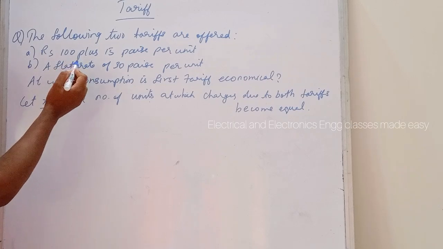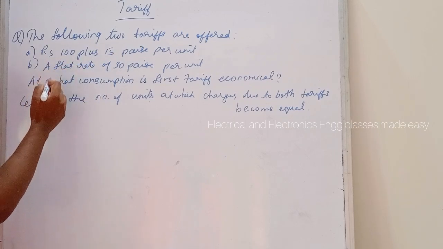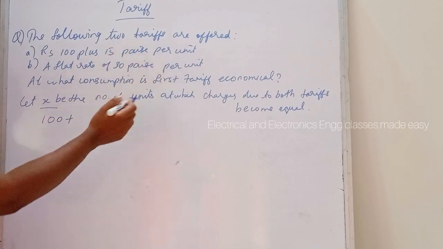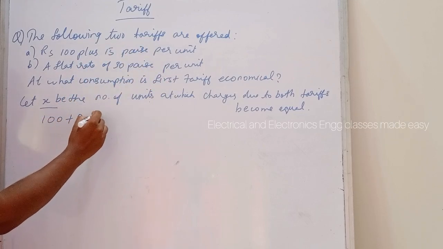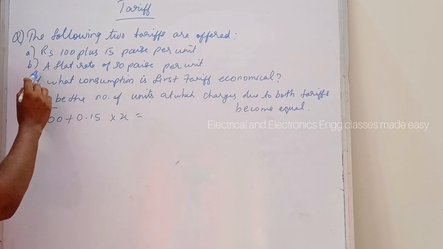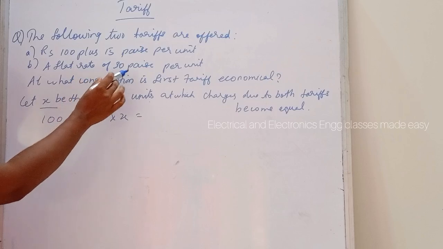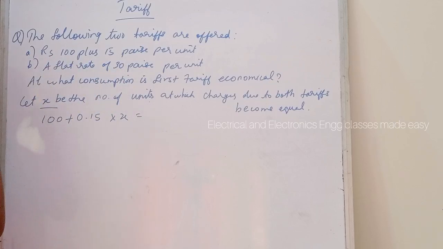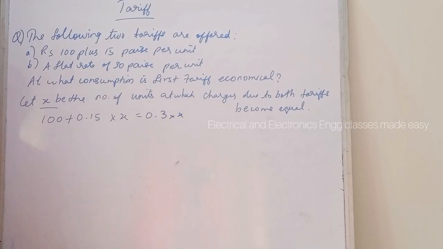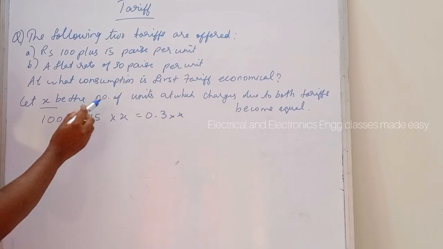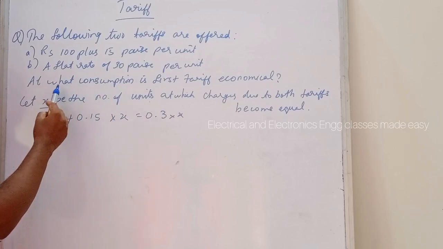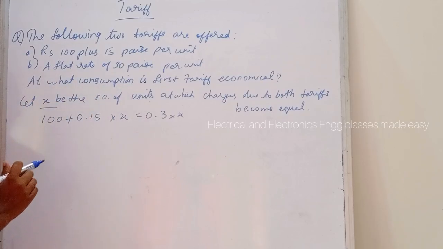That is 100 plus 0.15 into x is equal to, the second one is a flat rate of 30 paise per unit, so this is equal to 0.3 into x, and here x is the number of units, and that is the question we have to find.